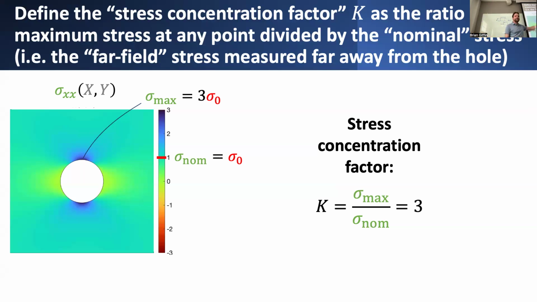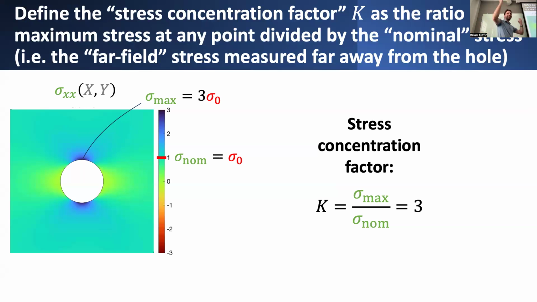So let's say somebody came to you and said, for this particular geometry, maybe it's not just a hole, maybe it's a crack, or maybe it's some kind of square or something like that. Some clever person could go through the trouble of finding the elasticity solution, figuring out what the stress distribution looks like, figuring out the ratio of the maximum stress to the nominal stress, and then they just give you this one number, the stress concentration factor.